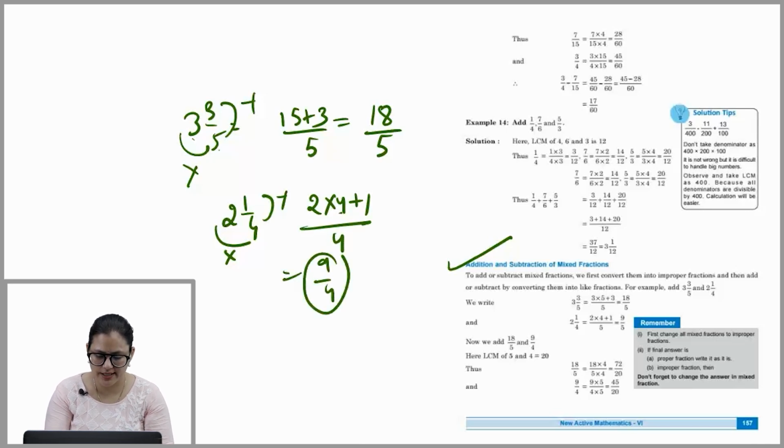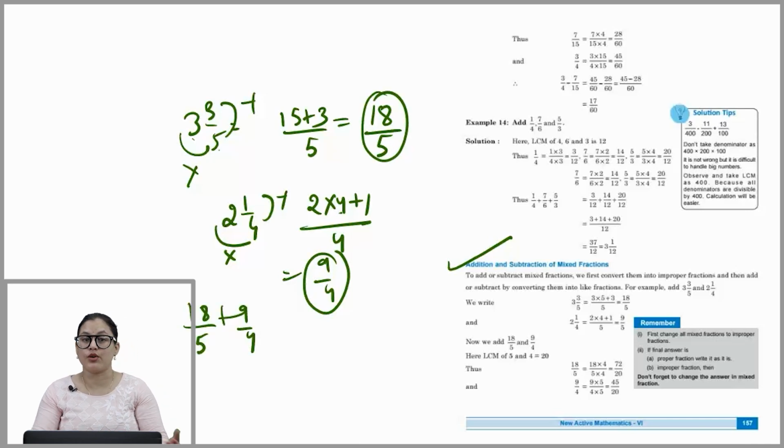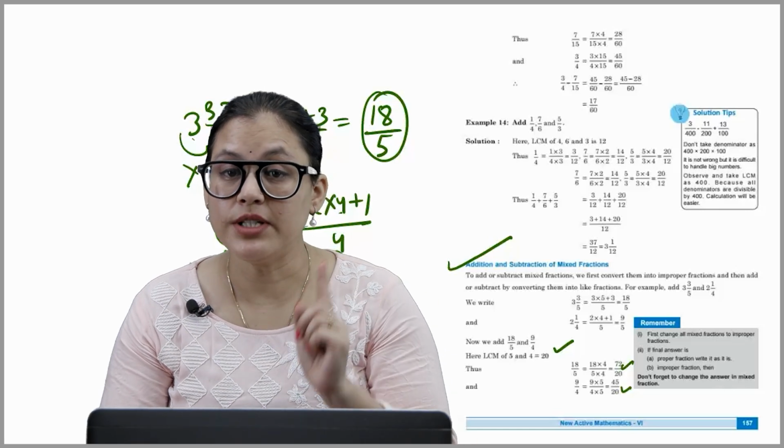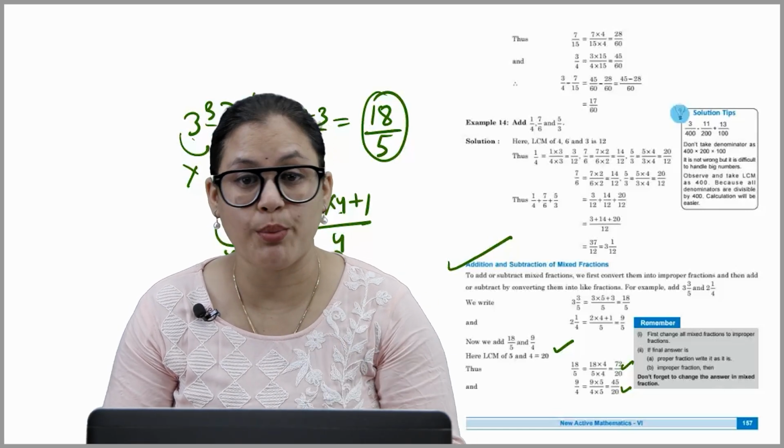Now you will add these two fractions. 18 by 5 plus 9 by 4, but denominators are not equal. So what will you do? You will take LCM of 5 and 4, which is 20, and then you will make the denominator 20, and after that you will add as we add like fractions, right? Remember, number 1, first change all mixed fractions to improper fractions.